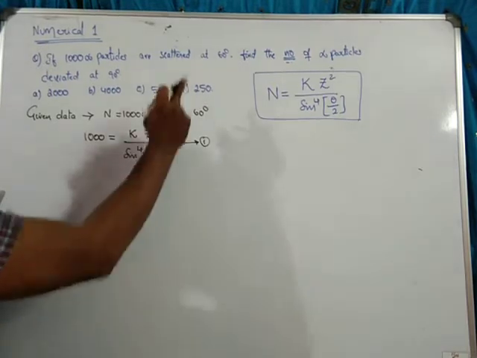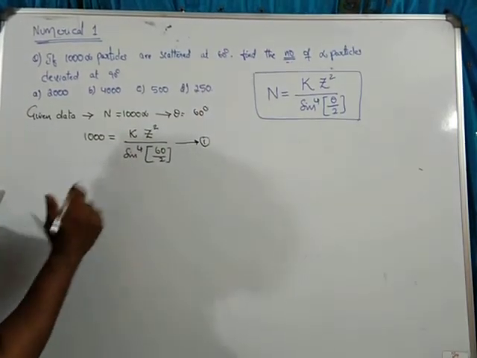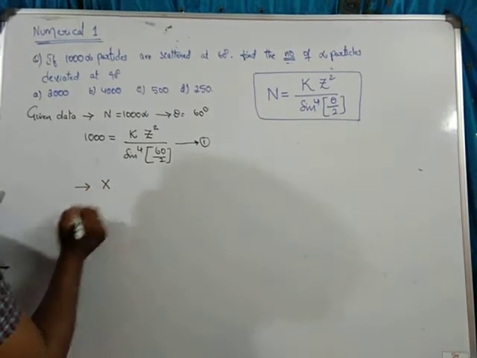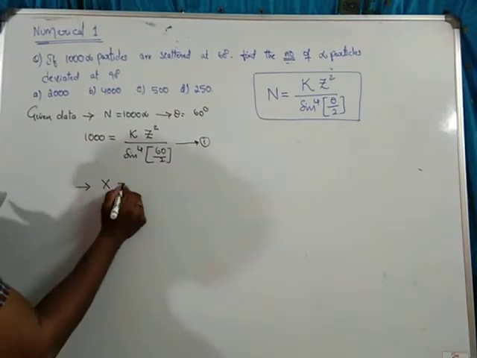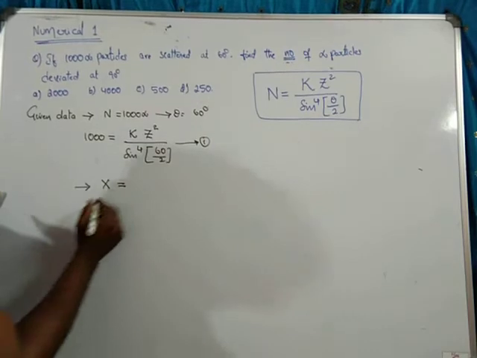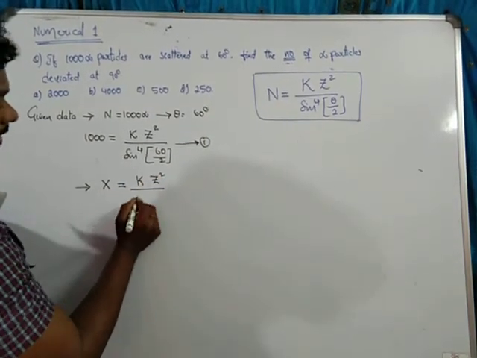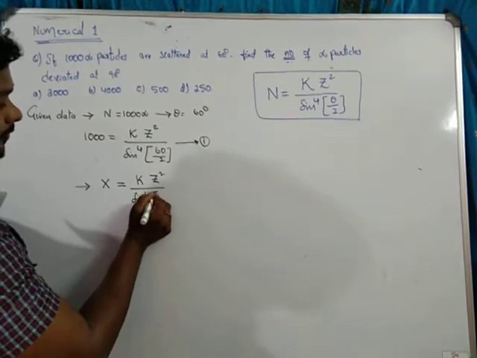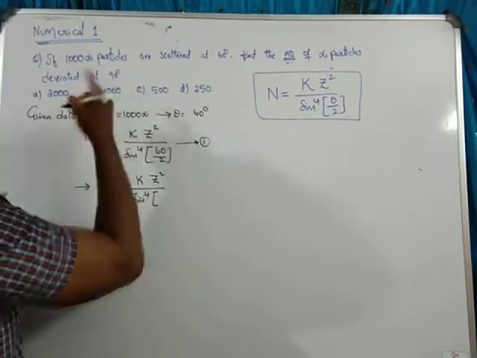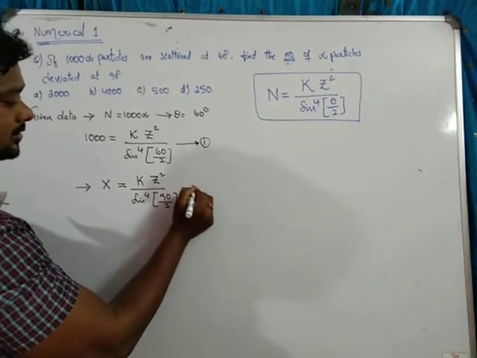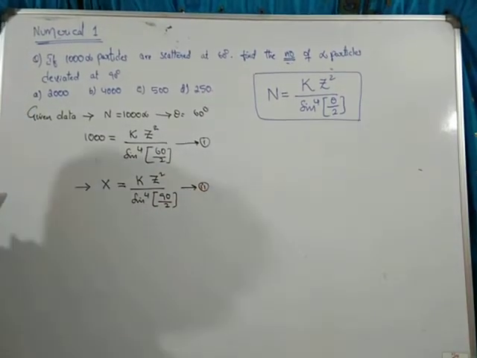In equation 2, we find the number of alpha particles. For the second one, they did not mention the value of N, so let us consider it as x. x is equal to k into Z square divided by sine power of 4, the angle is 90 degrees, 90 divided by 2. It's equation 2.